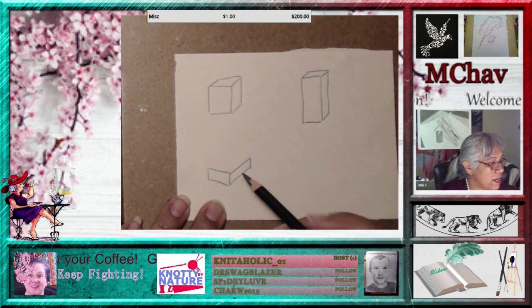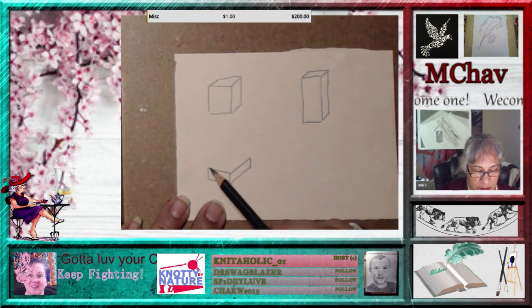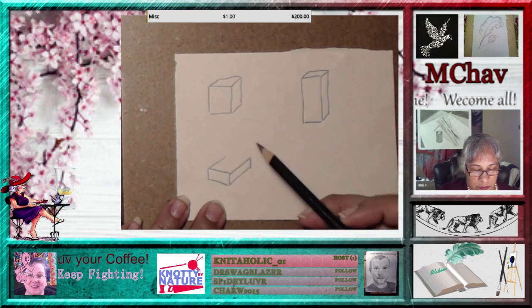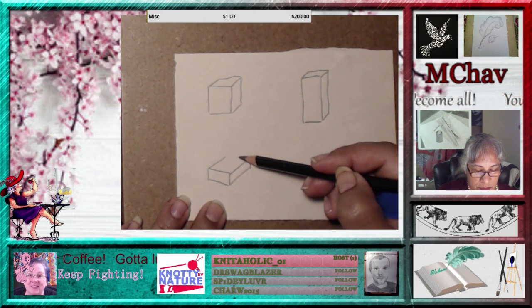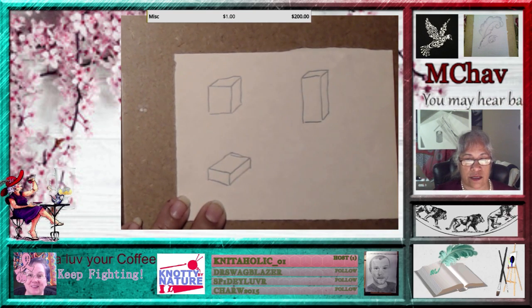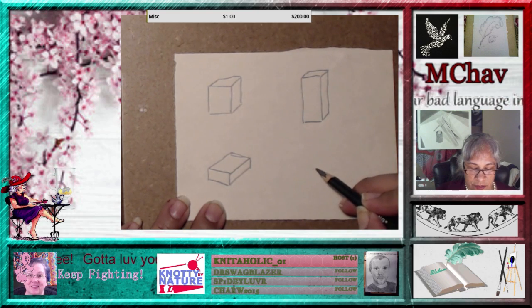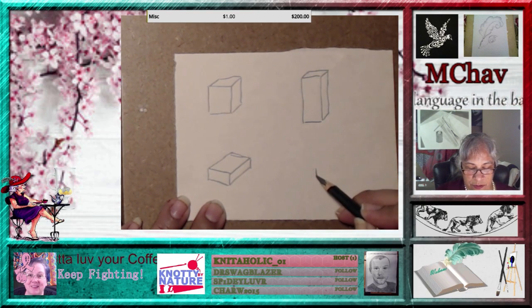Now, same thing, we're not doing the vanishing points yet. So you bring this over, same thing, same length, same angle, and connect. We're going to turn it a different direction again, but that has to come straight down.